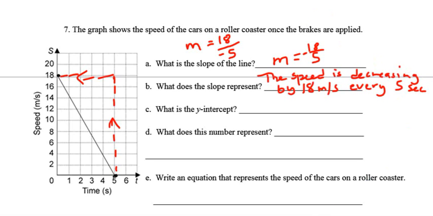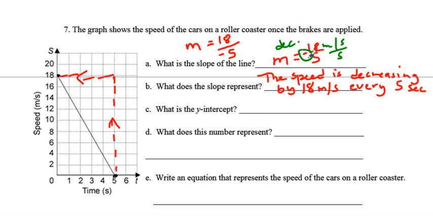So on top here, this is meters per second. This was the y's here, and then the bottom was seconds, right? So the negative represents decreasing, and the speed then, this speed is decreasing by 18 meters per second every 5 seconds.